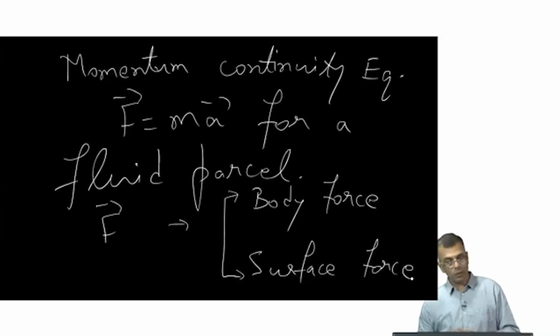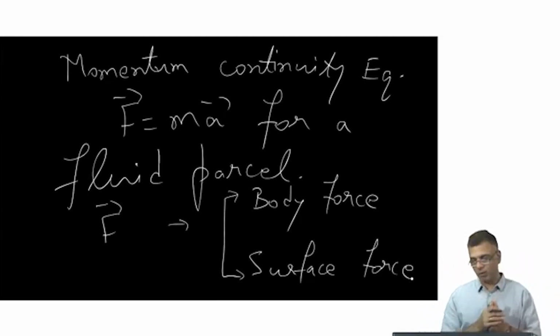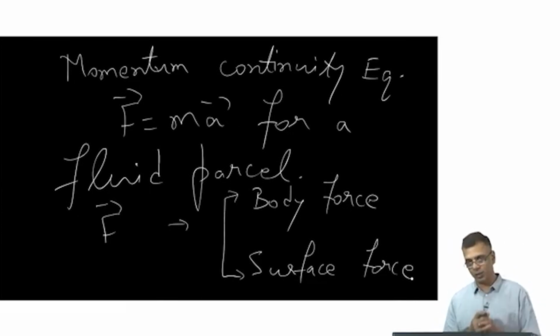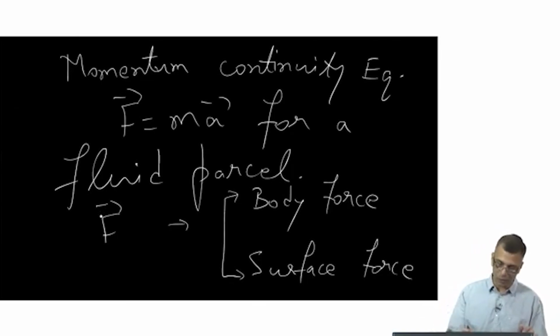A body force is one which acts throughout the body of the fluid. So, the body force density, for instance, is the force of gravity. If the fluid is charged and immersed in an electric field, that's another, but that's not something we're talking about right now. We are talking about neutral fluids.